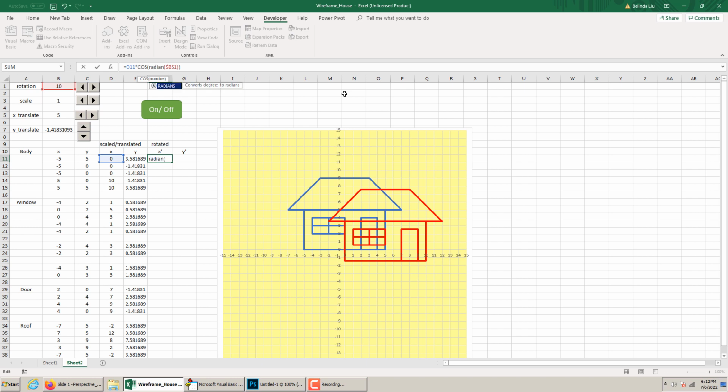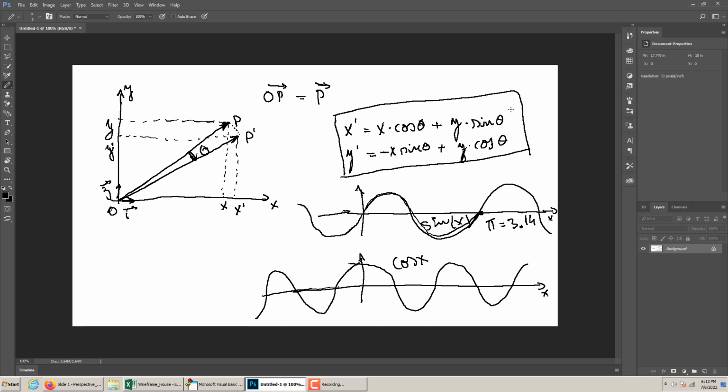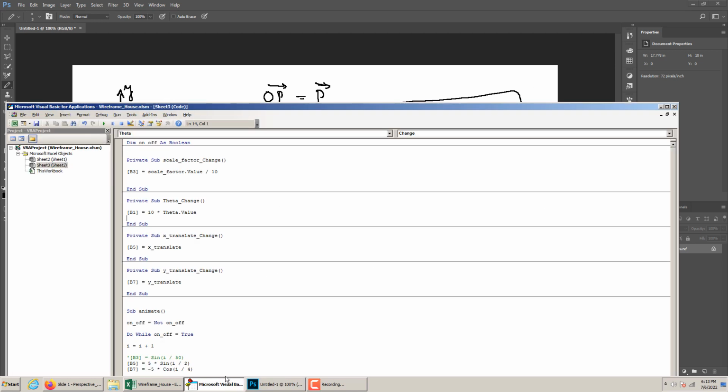Okay, it is not. I made a typo here. So now it's good. So copy this here and let's change something. Oh wait, we need to add something here. Plus y sine of theta.